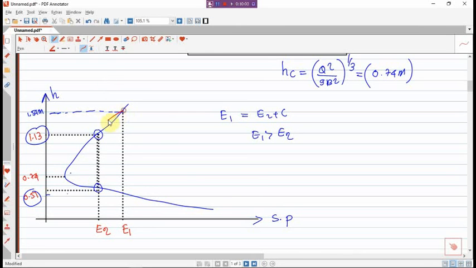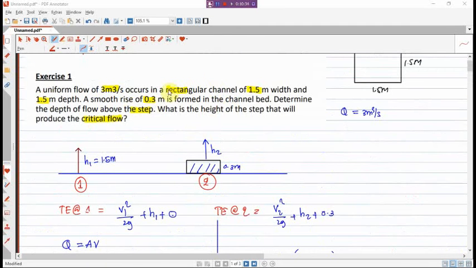It can go this way, E1 to E2, or it can go here. So we have to choose which path is right, this one or this one. In this case it would have to cross the critical value, but in this case it is easily crossed. Therefore the most suitable value for H2 is 1.13 meter. So H2 is 1.13. That is why the question asks to determine the depth of flow above the step.